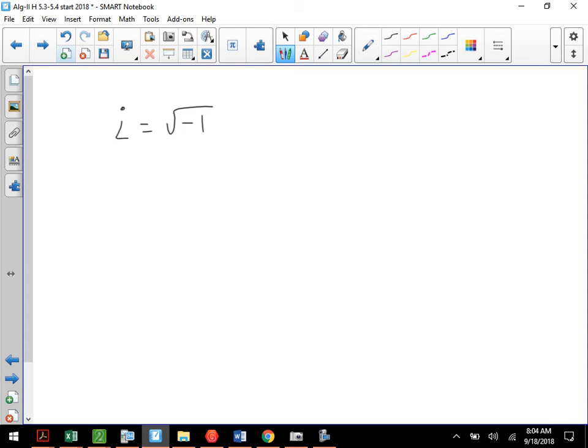What's i squared? -1. i squared is -1. Think about what you're doing. You're squaring the square root of -1. Okay. What would i cubed be?